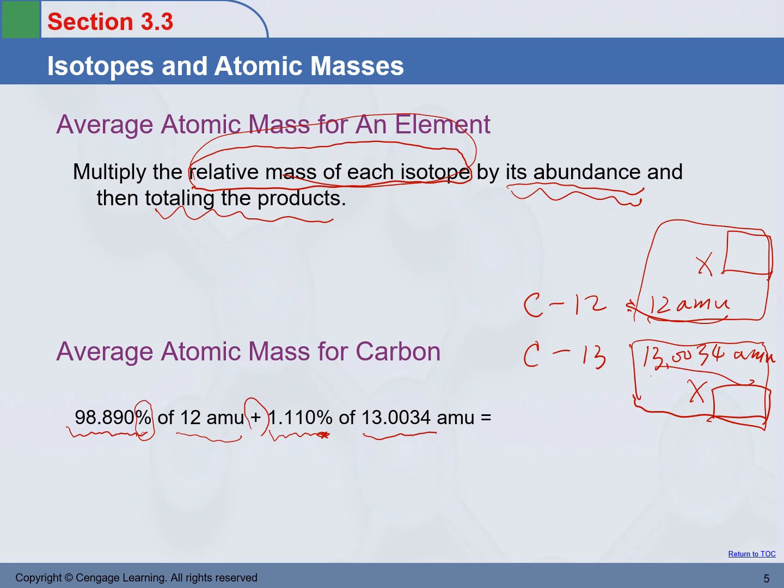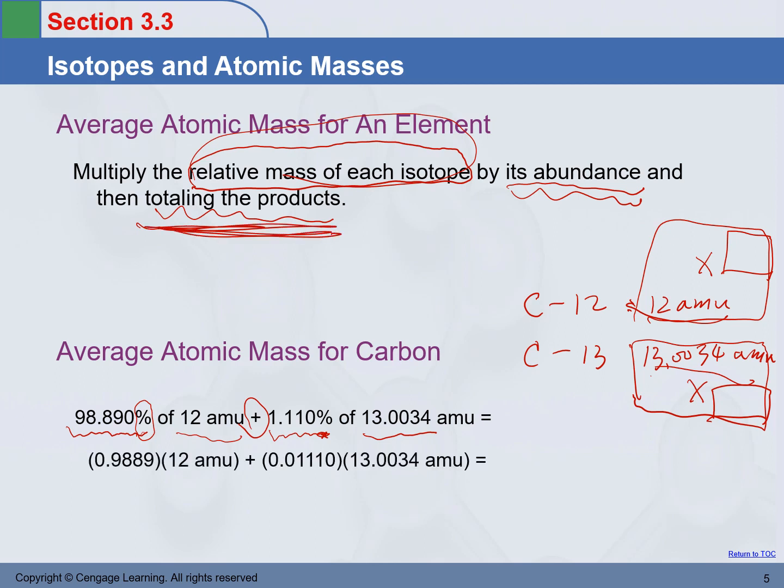Then you add them together, totaling the products. Divided by 100, the abundance number becomes 0.9889. The next one becomes 0.01110. You multiply the mass and abundance, the mass and abundance, and then you add them together. You get 12.01 AMU, the atomic mass. The mass of one carbon atom is 12.01 AMU.